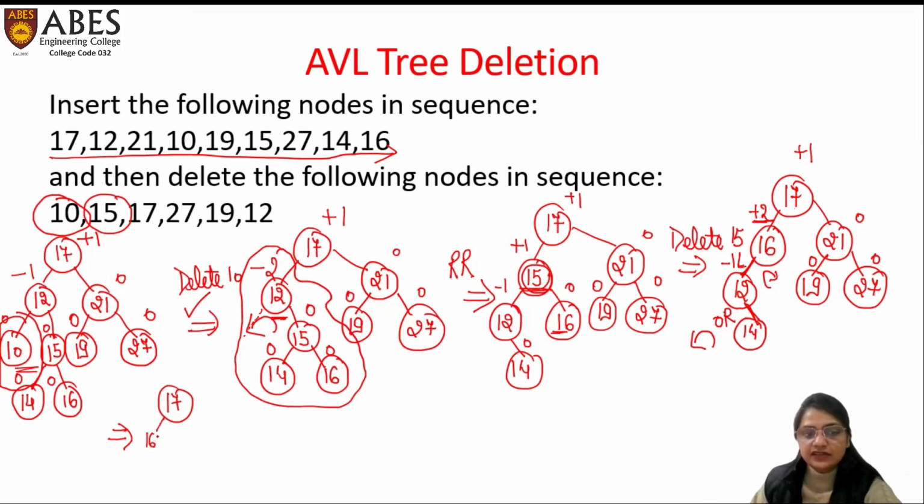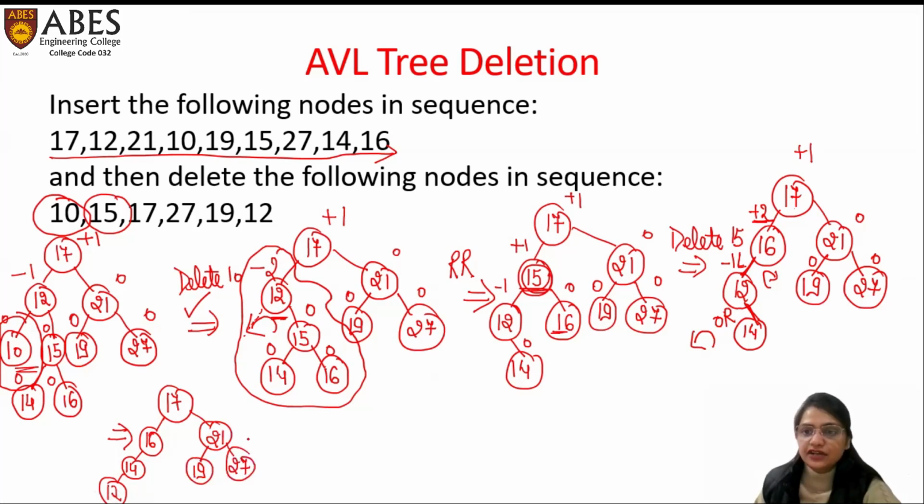It will be 16. Then for 16, if I want to rotate 14 on 12, it will be 14 here, then 12, because we are performing in the opposite direction. After this, 17, 16, 14, 12, it will be 21, 19, and then 27.